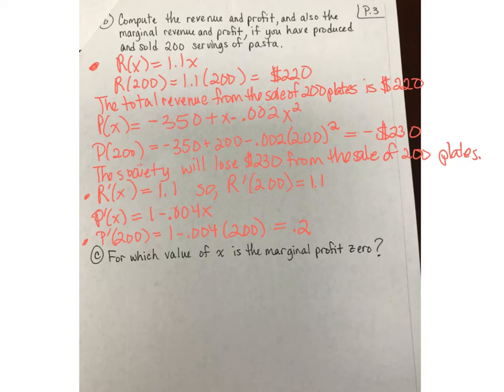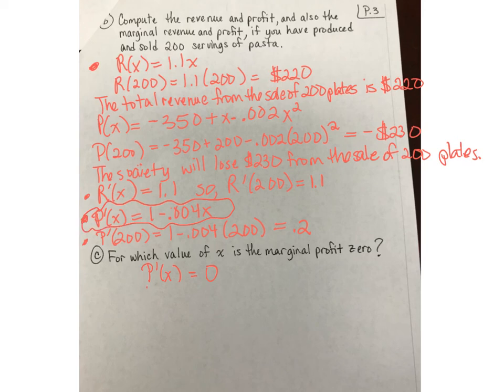Now, part C says for which value of x is the marginal profit 0. Marginal profit is 0 means we set P prime of x equal to 0. So we take this equation here and we set it equal to 0.